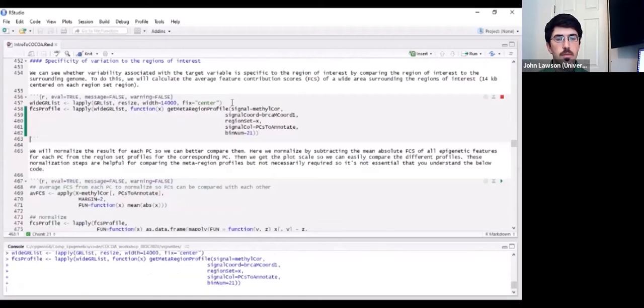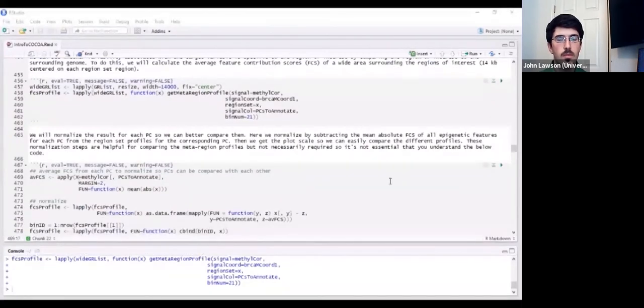Once we've done that, we can use this function, getMetaRegionProfile, to aggregate the feature contribution scores, which are our correlation values, into a meta-region profile. And so there are several parameters such as bin number, etc.